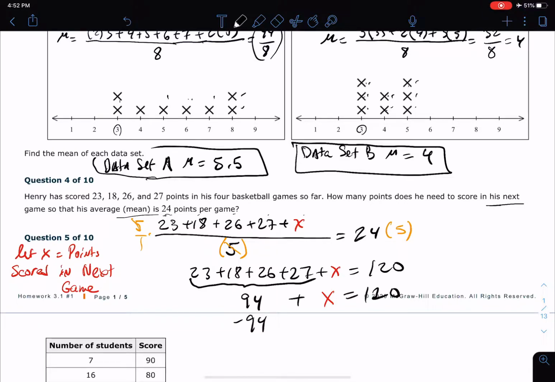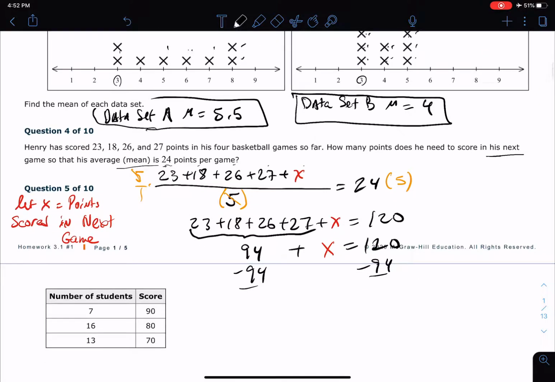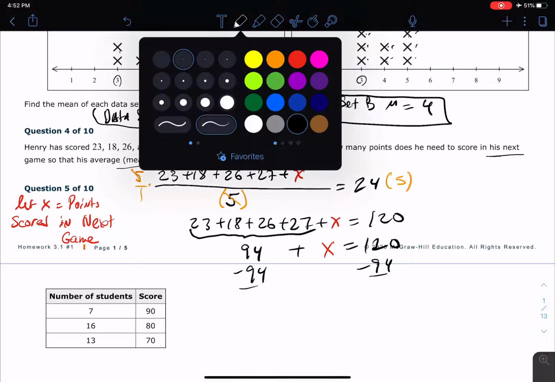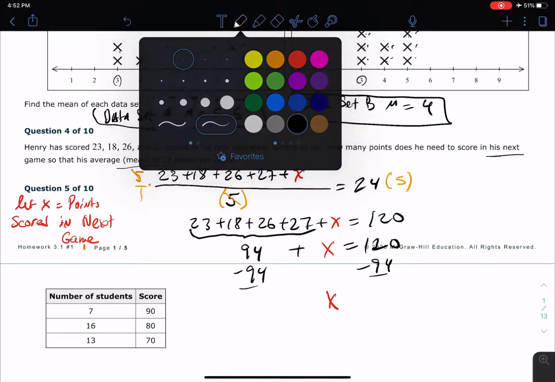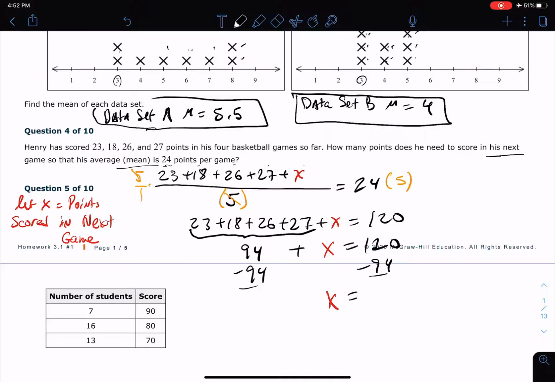Subtract 94 from both sides, and we get our final answer: x equals 120 minus 94, which is 26. So what did we find out?